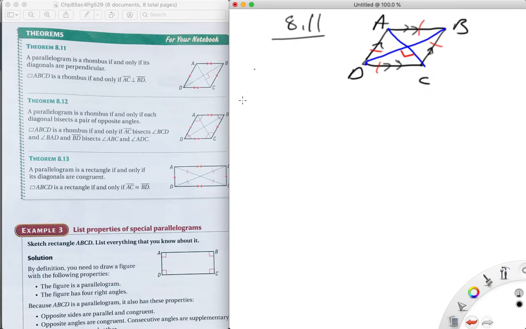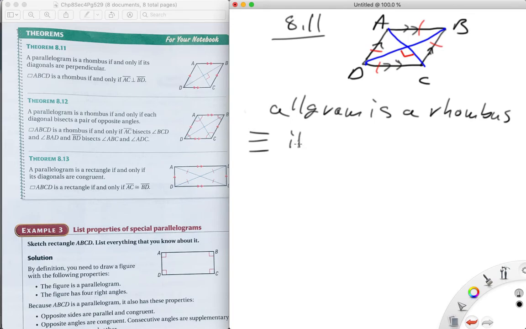So Theorem 8-11: a parallelogram is a rhombus if and only if the diagonals are perpendicular.